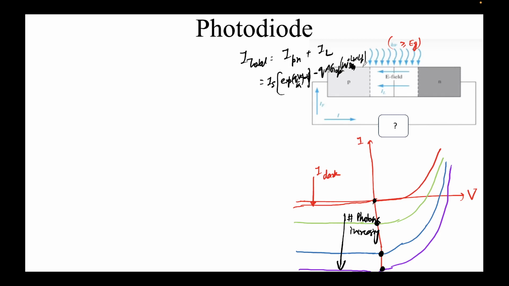We'll come to the expressions a bit later, but the way to understand the working of a photodiode is by this. You just try to find out these points, the photo currents at zero bias, and that will give you a reference point, and from there you can draw your IV characteristic. The mathematical expression behind the scenes is this one.